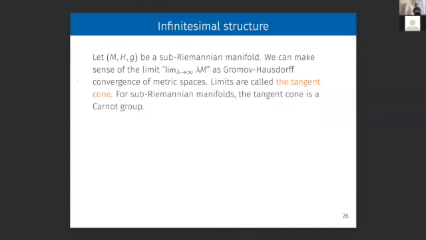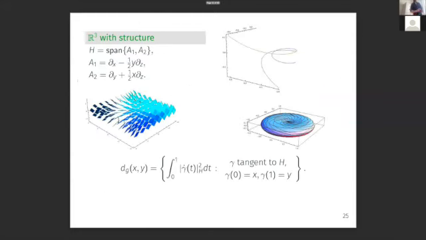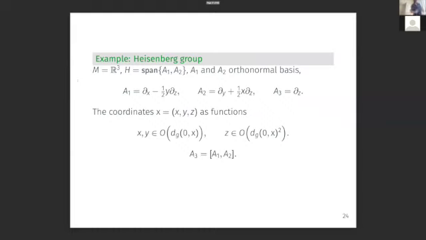This space, the Heisenberg group, you can also consider as some sort of Lie group which is nilpotent.